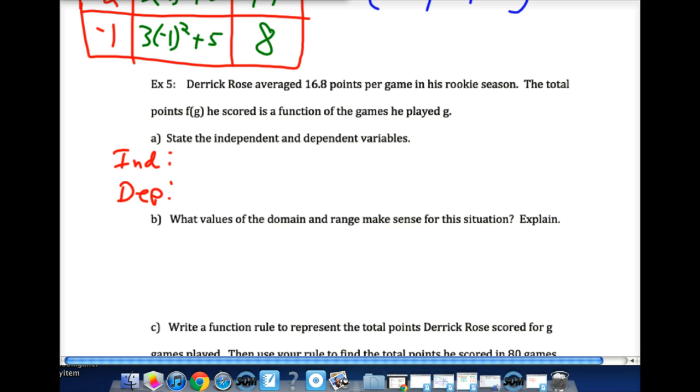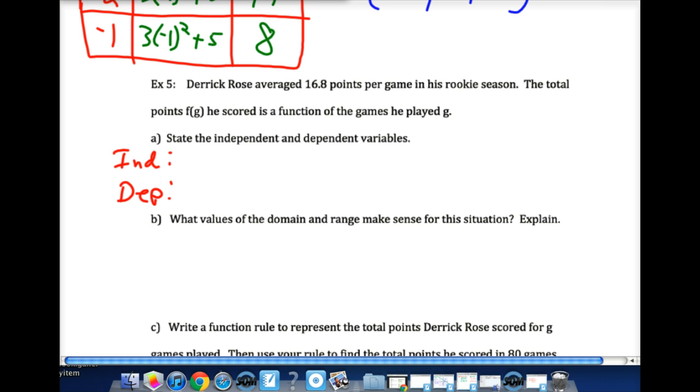What depends on the other? Say it both ways, and it might make sense to you. The two things we're talking about are games and total points. Which one depends on the other? The points depend on the games. His total points depend on his games.